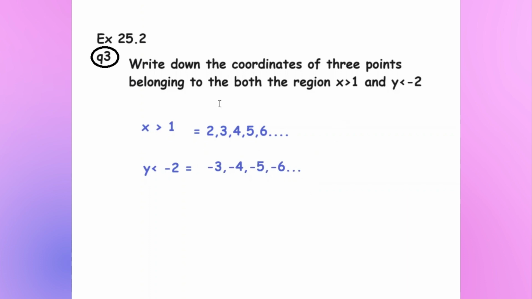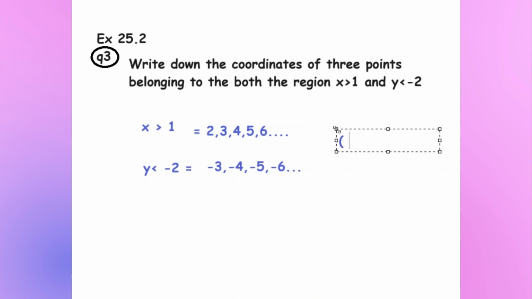But the question is asking us to write three coordinates belonging to both inequalities. So you can write any x value of the inequality as the x coordinate and any y value of the inequality as the y coordinate.